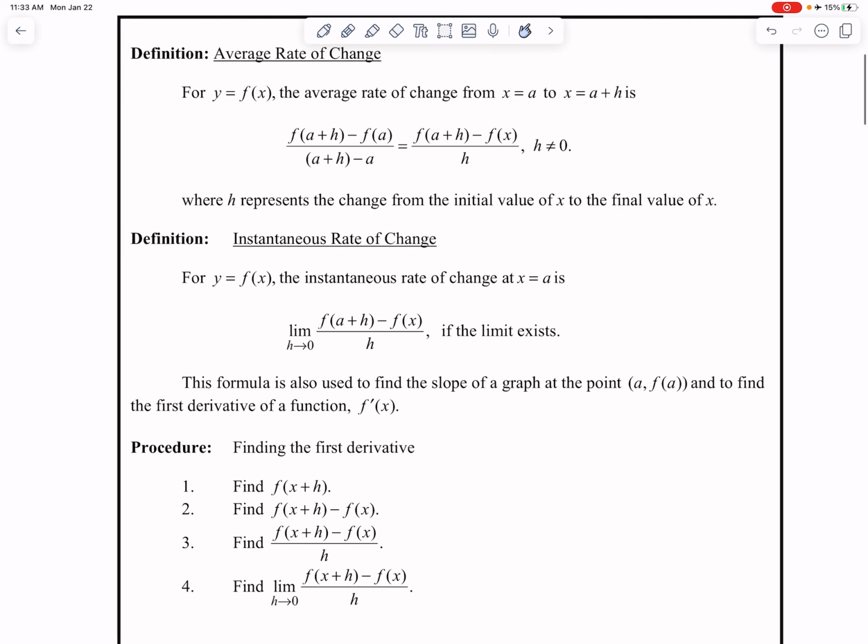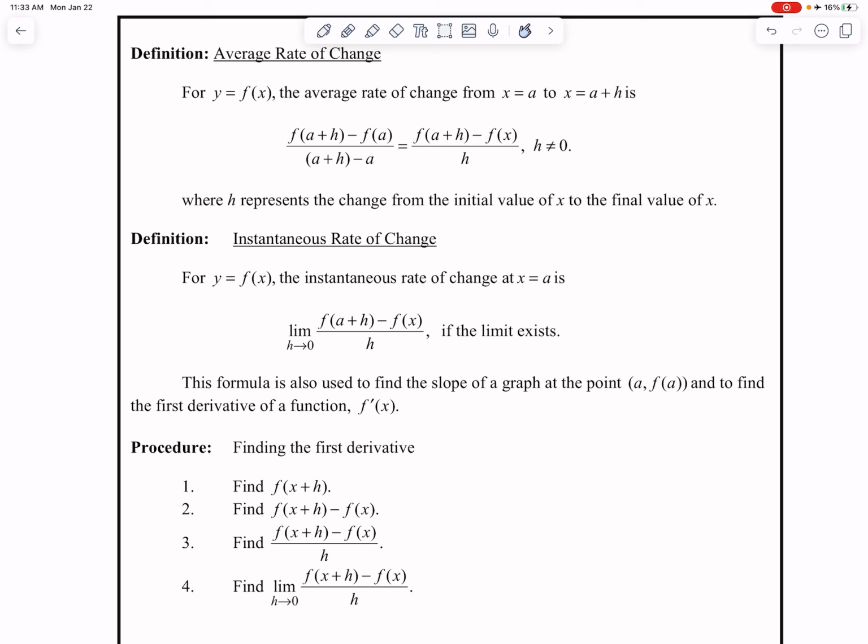Then we have instantaneous rate of change, and the instantaneous rate of change is just our rate at x. So if at one point we want to know what's the slope at that point, what we do is we take the limit as our h goes to 0. What does that mean? That means we're making our change from one x to another closer and closer to 0, so that way we have no change.